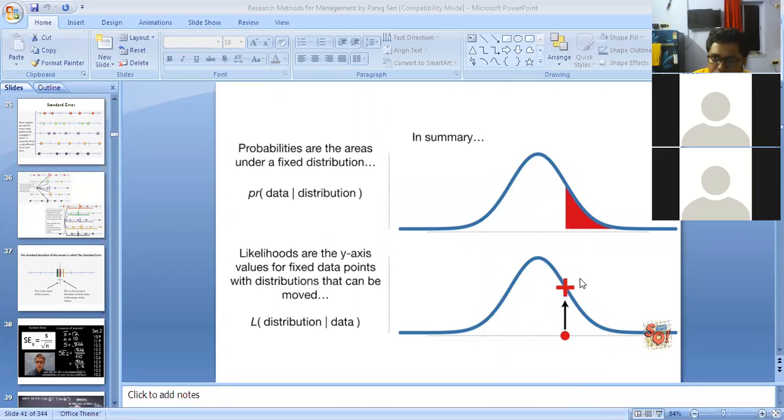So your question should be: what is the likelihood that the project will be completed on the 45th day? If you ask this question, that is okay. But if you ask what is the probability that the project will be completed on the 45th day, that question is actually meaningless.